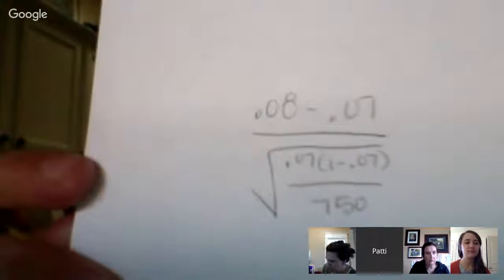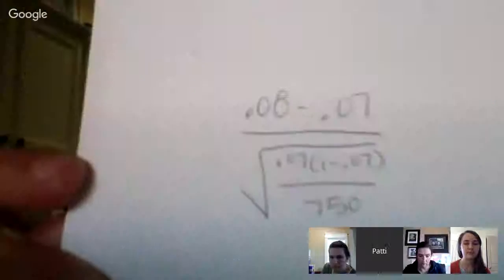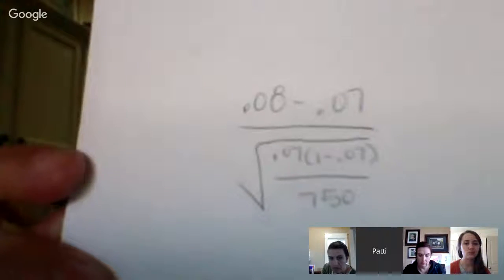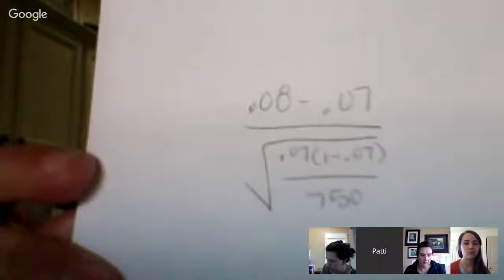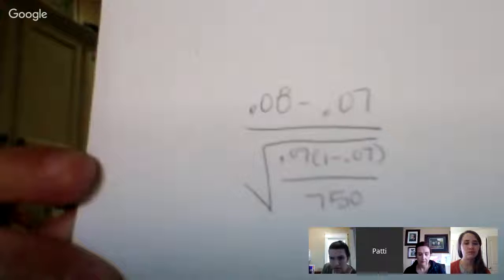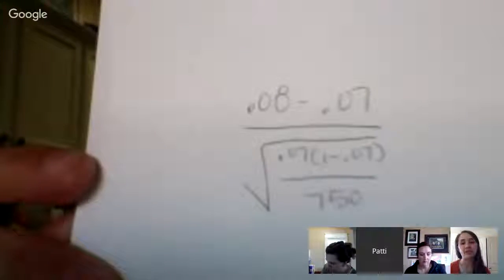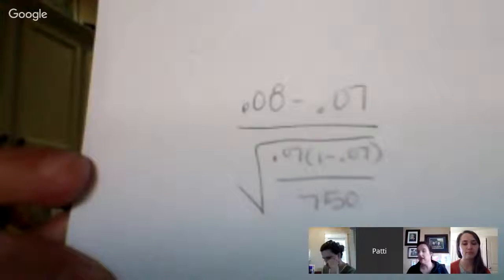Oh, so the whole thing is square rooted? The whole bottom portion is square rooted together, for this one. Is that what you have, guys? Or Brianna? Yeah, that's what I have. That's what I have, but I must be doing something. I keep getting different numbers. Every time I do it, I get a different number.